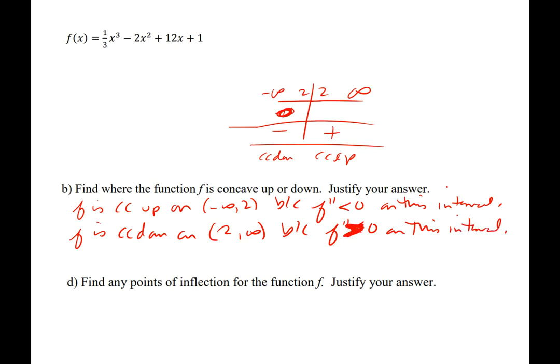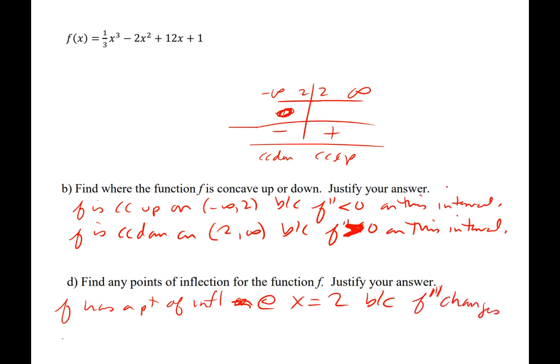And then points of inflection is just where it changes sign, so I get just that 2. So f has a point of inflection at x equals 2 because f double prime changes sign at this value. Okay, we got one more set of stuff to do here.